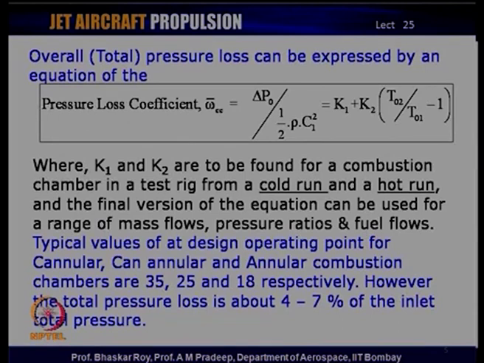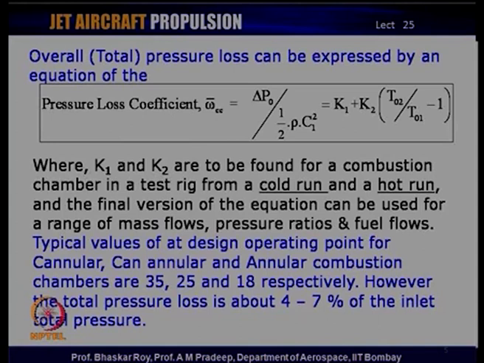If we look at the total pressure coefficient we have defined before, that is delta P0 across the combustion chamber divided by half rho C1 square, now this can be written down, as we mentioned, in terms of two kinds of pressure losses. The first one we said was essentially related to the basic fluid mechanics, and the second one is related to the temperature change across the combustion chamber.